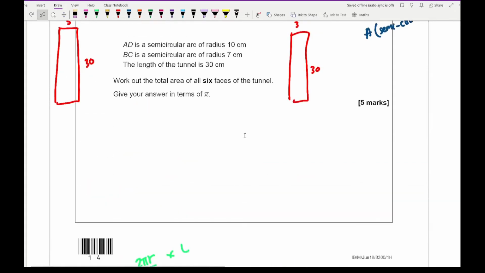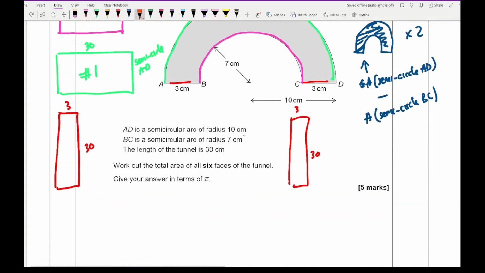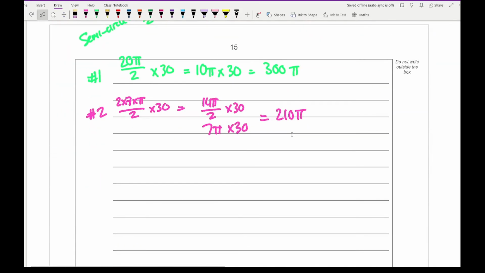Then in terms of number 3, this is the same. Number 3 times 2 is going to be 3 times 30 times 2, which is 90 times 2, which is 180.